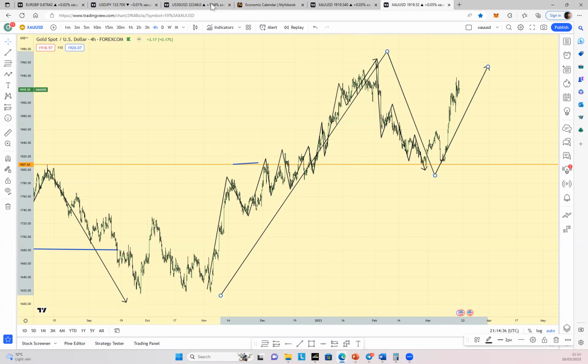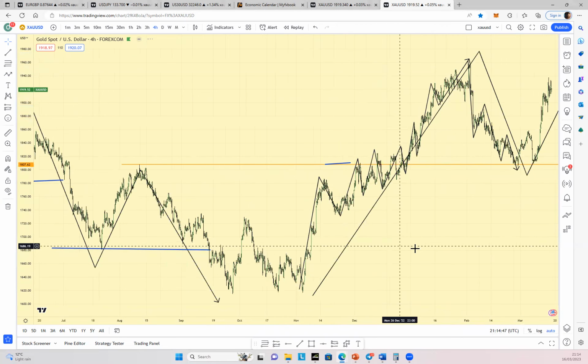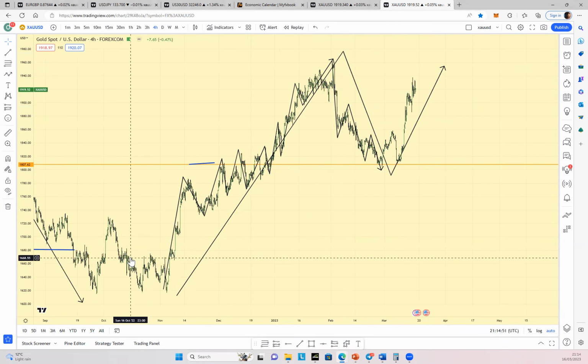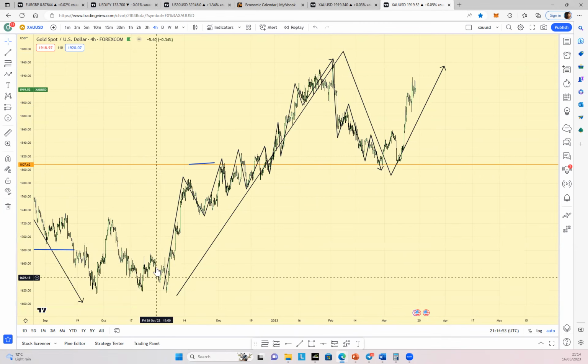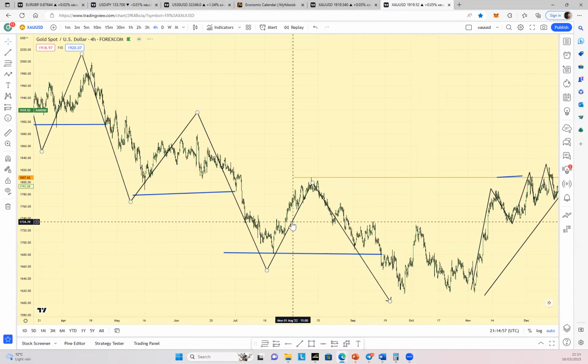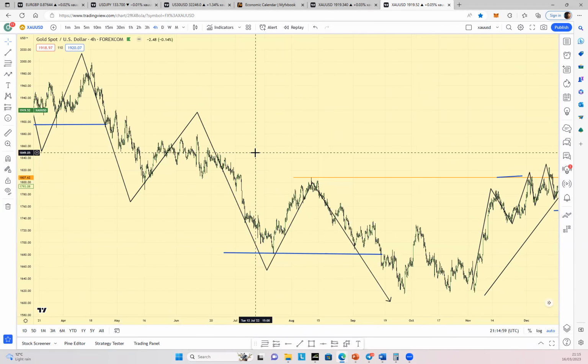Sellers have to try and come in and sell before it goes back up. So that's how the trend works. And then you have your area of consolidation where price ranges and it shoots up or shoots down, depending on the market.